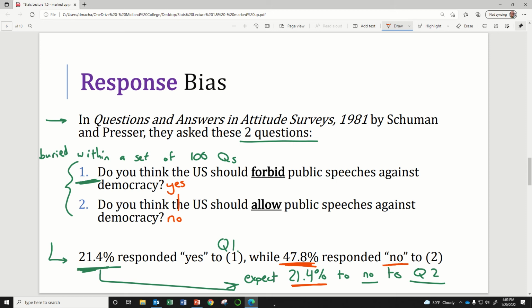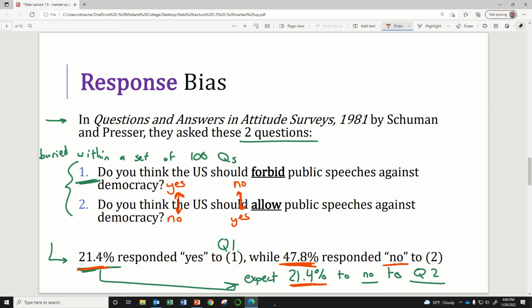So yes and no should be a pair of answers that always appears with the same frequency. And what we found is 21.4% responded yes. That means that we should expect 21.4% to respond no to question 2. And in actuality, we found 47.8%.